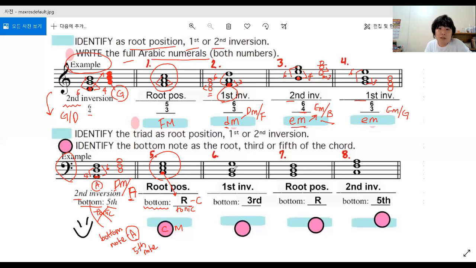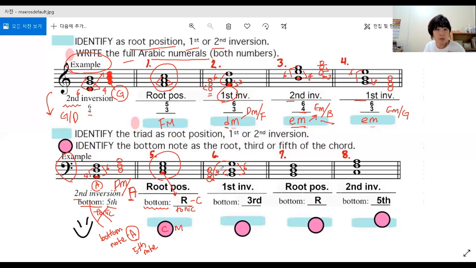Okay, so let's look at this. This is a 3, 6, so it's going to be first inversion, right? From the first inversion, how can we find the original position? The top one, you put it down. So this one still remains, but this one is B, D, G. You put G on the bottom.